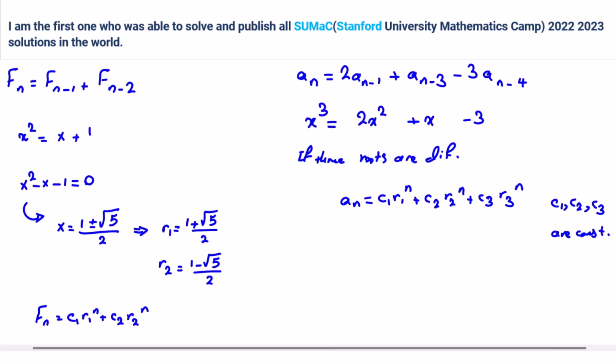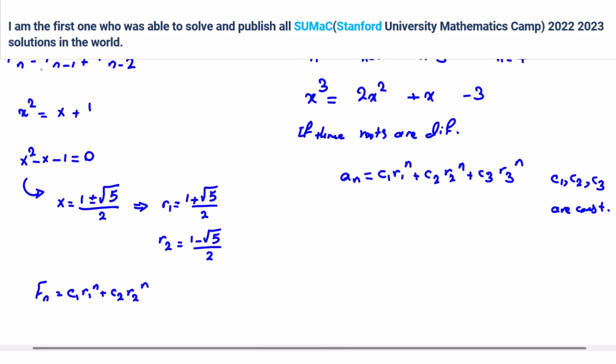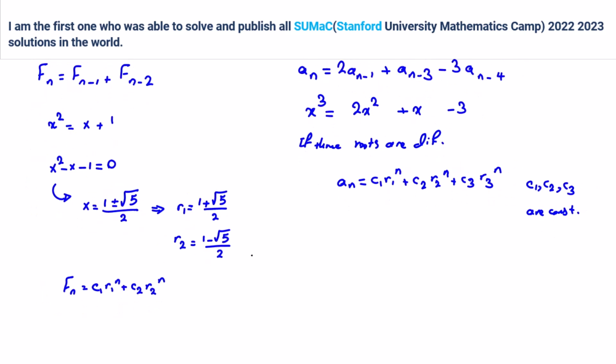Okay, let's check. We can easily find this by considering c1 plus c2 for f0, right? You know f0 is 0, and f1 is 1, so c1 r1 plus c2 r2 is 1. So c2 is minus c1, right?